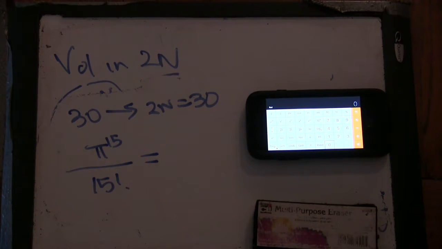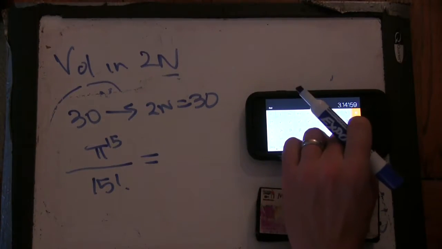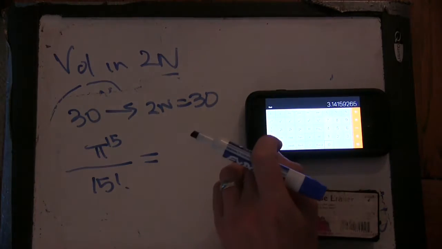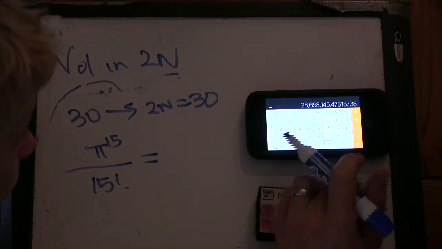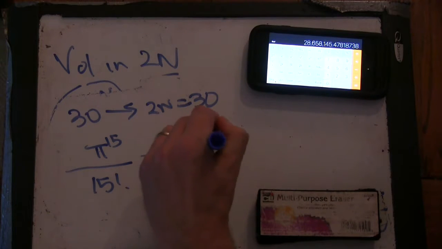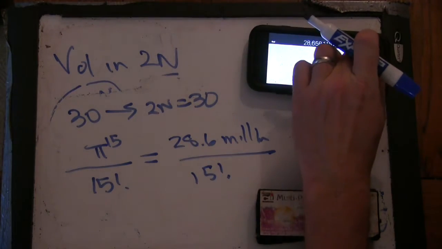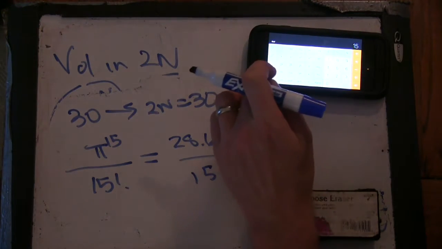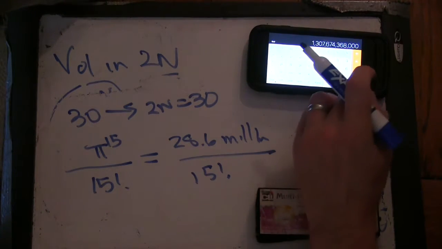Why? Because for pi to the 15th, you have a little more than 15 threes. And then for 15 factorial, you have 15 times 14 times 13 times 12 times 11 all the way down to 1. So 3.1415 to the 15th is about 28.6 million, divided by 15 factorial, which looks like about 1.3 billion.